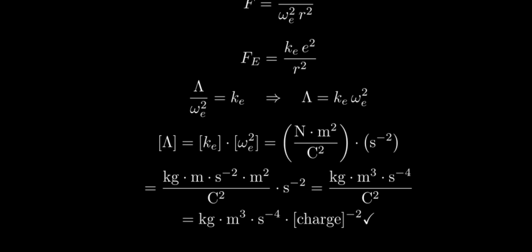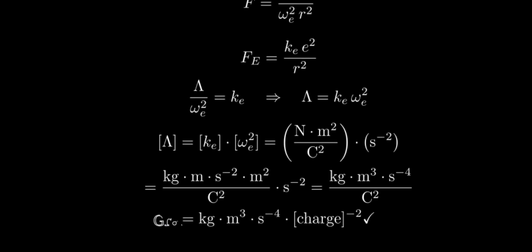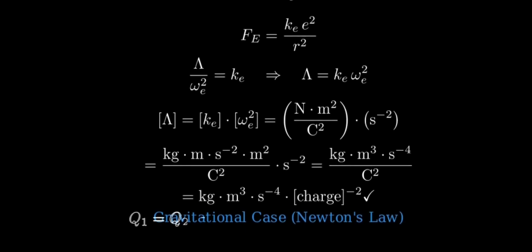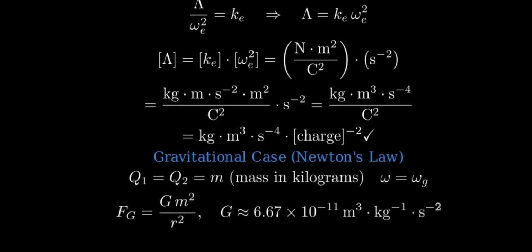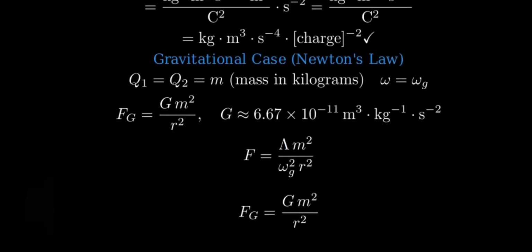Next, let's see how our master equation can reproduce Newton's law of gravitation as well. In this case, we set Q1 and Q2 to be masses measured in kilograms, and we choose a different frequency omega sub g for gravitational interactions. We want our master equation to give us Newton's law of gravity, which states that the force is equal to G times mass 1 times mass 2 divided by r squared, where G is Newton's gravitational constant, approximately 6.67 times 10 to the negative 11th meters cubed per kilogram per second squared.